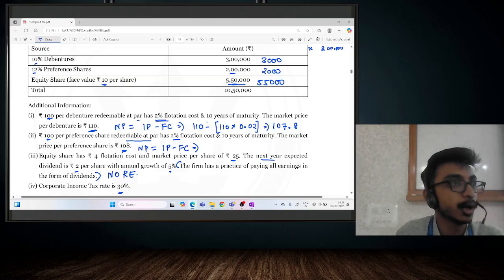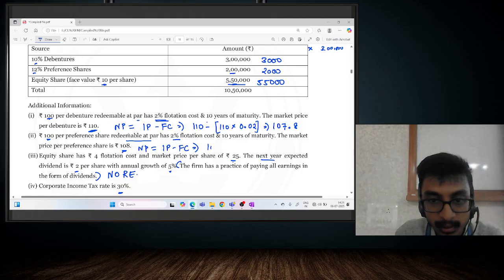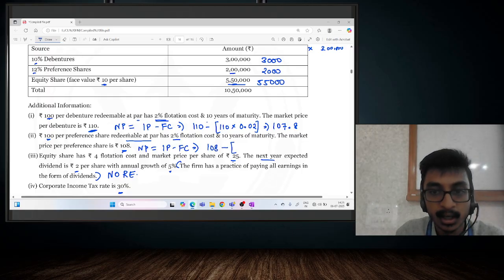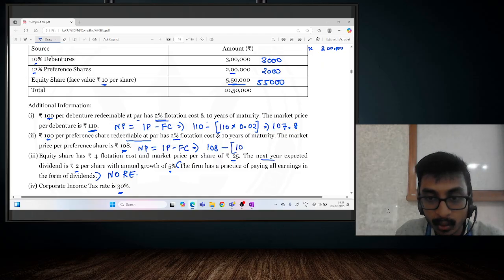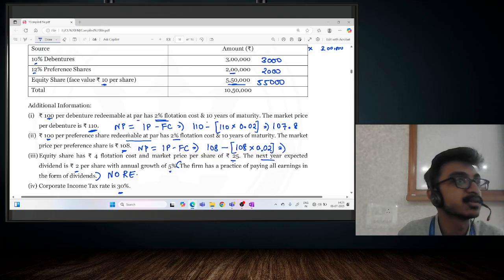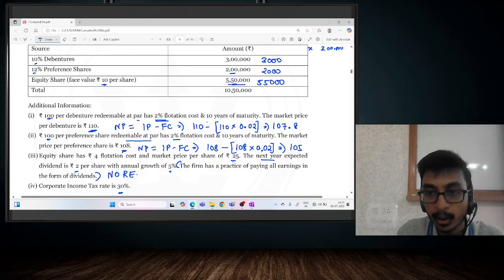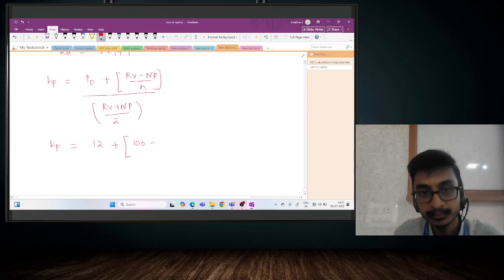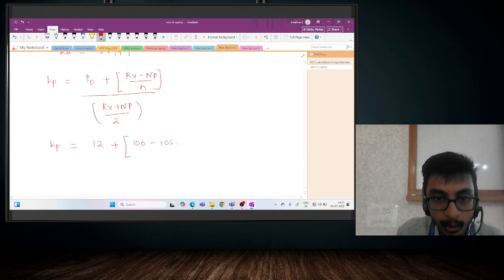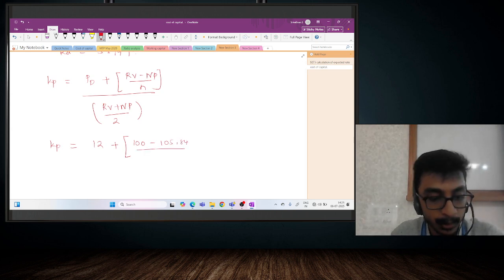But issue price is not directly given. We can assume preference shares are issued at the market price. So 108 minus flotation cost of 2%. So 108 into 0.02. How much do we get as net proceeds? 105.84. So 105.84 rupees is the net proceeds from preference shares.